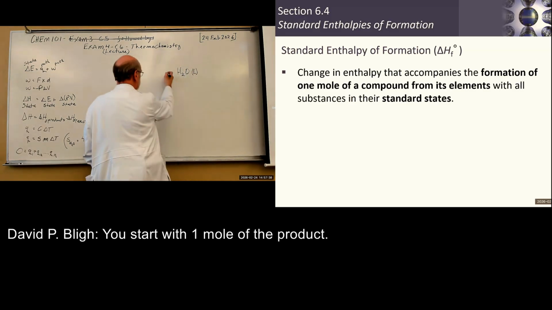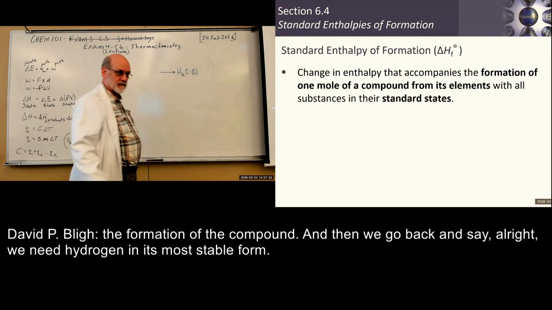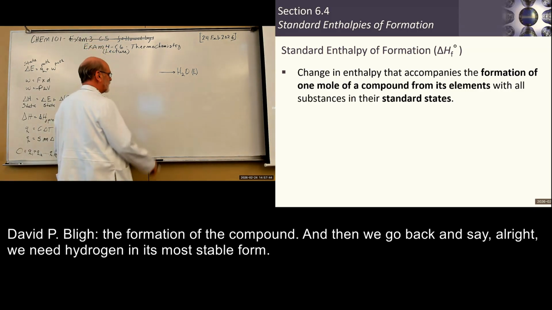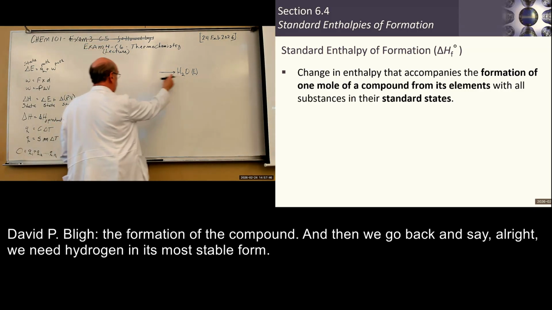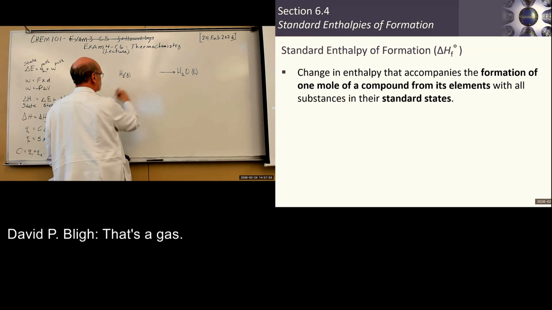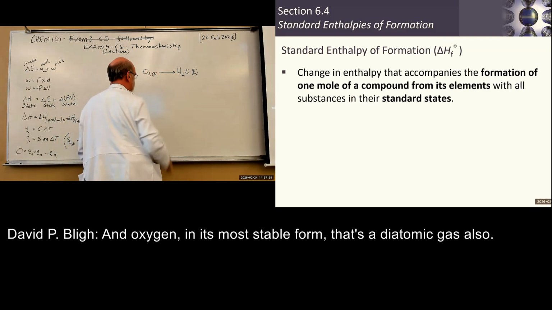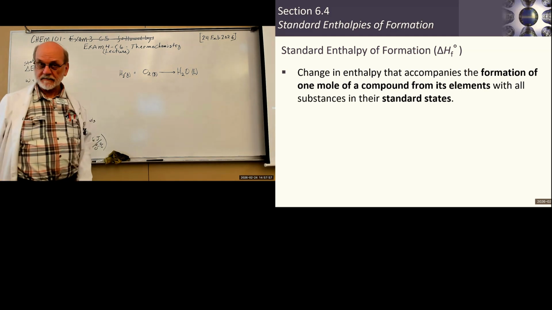Okay? You start with 1 mole of the product, the formation of the compound. And then we go back and say, all right, we need hydrogen in its most stable form. That's a gas. And oxygen in its most stable form, that's a diatomic gas also.